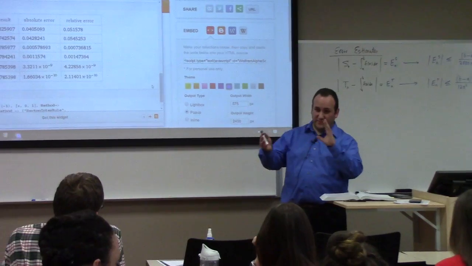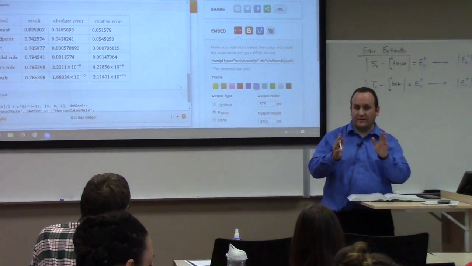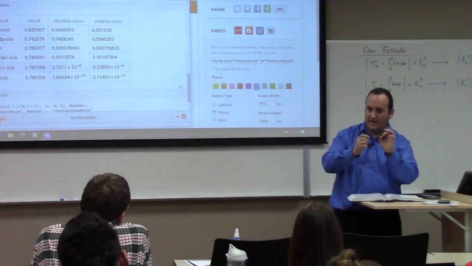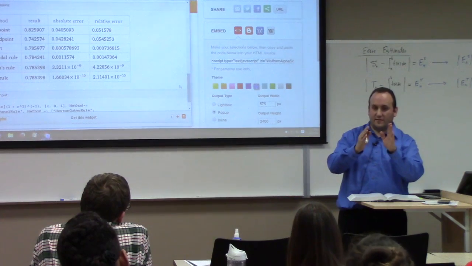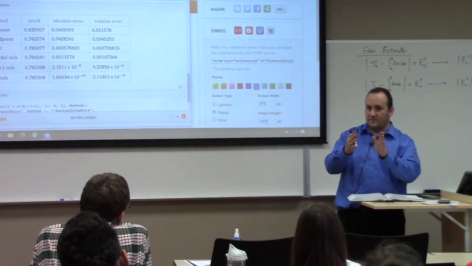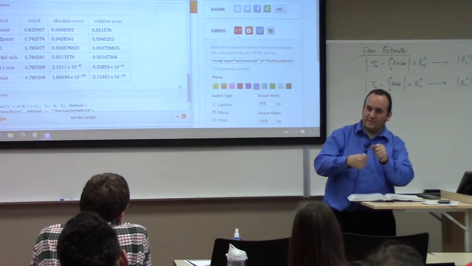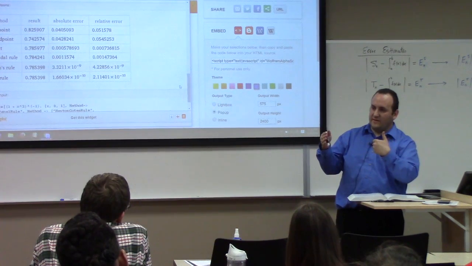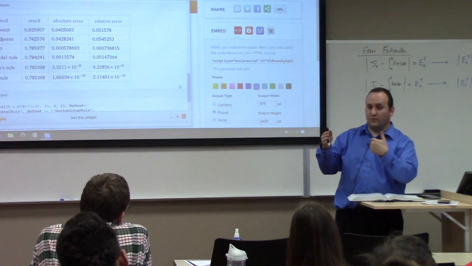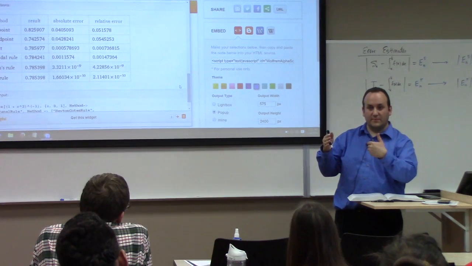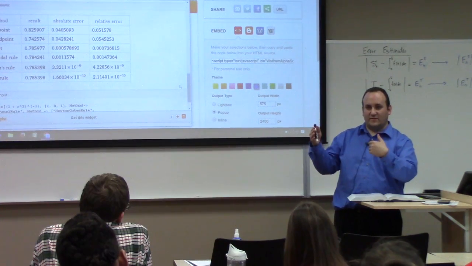Suppose you're trying to approximate an integral to a given accuracy, so you want to make the error smaller than a certain value. Then the question to ask is what n do I need to get to in order to make sure that my approximation is within 0.1 of the actual integral or whatever.